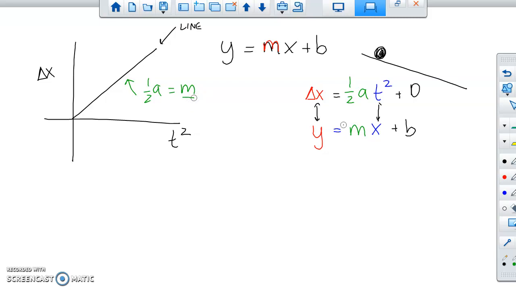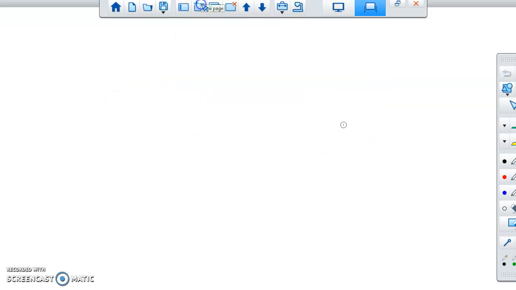Let me show you another example using an equation that you're not familiar with, to show you how you would use this. Let's say you're measuring things and you get an equation that looks like this. So here's just a random equation, just letters that you don't even know.